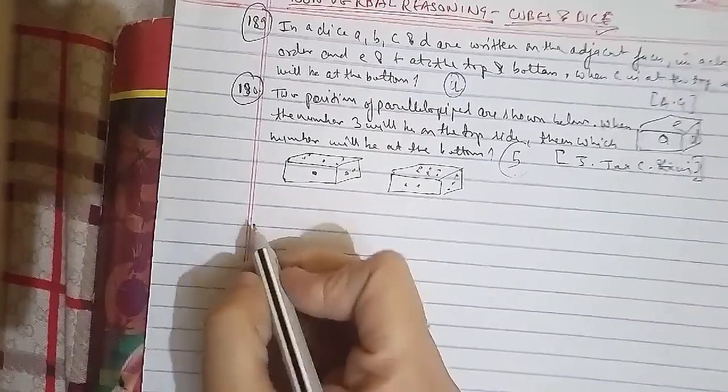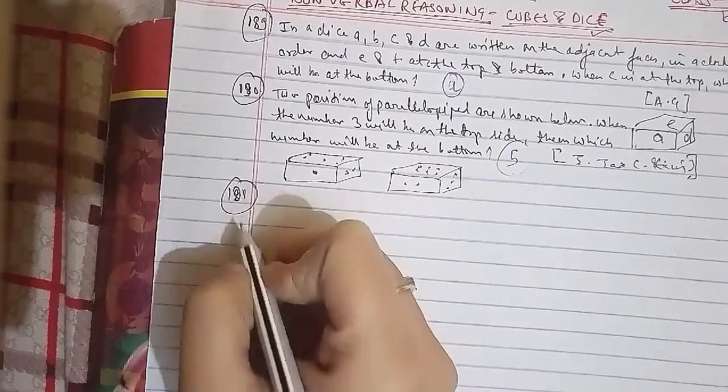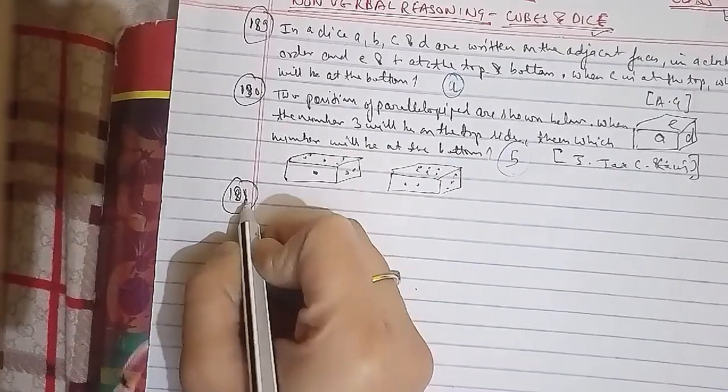Two positions of a dice are shown below.